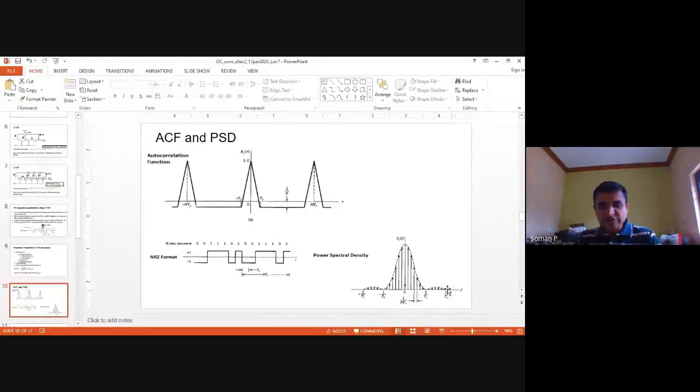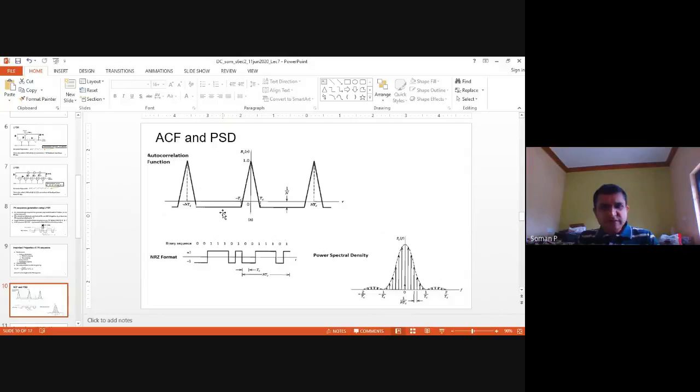It's like a sinc square function. If you're interested, you can look for this in some advanced communication textbooks. But at least qualitatively, you should know this is the power spectral density, and this is the autocorrelation function for a PN sequence.